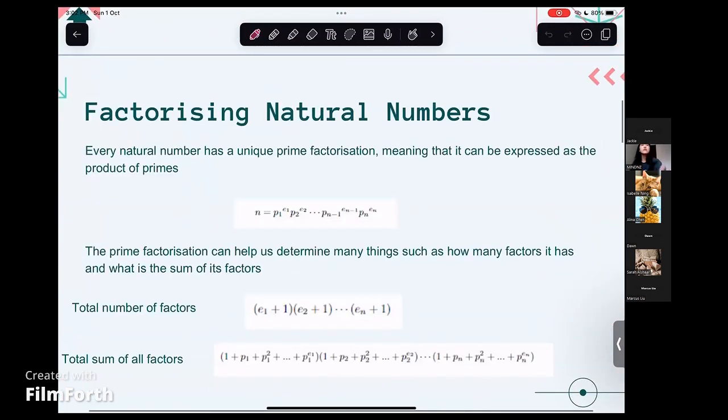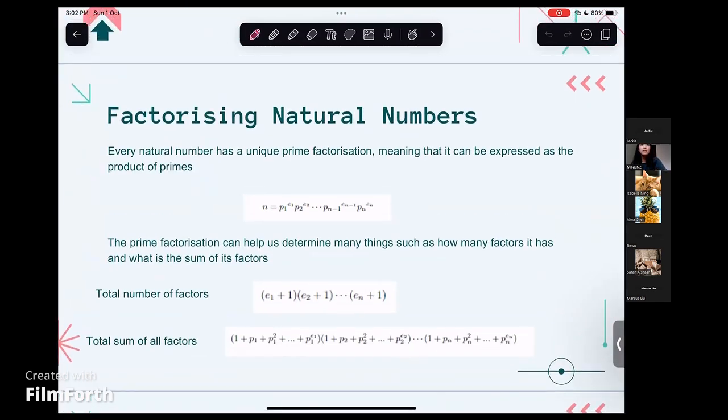So to start off with something that you may be more familiar with, factorizing natural numbers. Last week we did talk briefly about prime factorization of a number. Does everyone remember that? Can anyone remember what's special about the prime factorization of a number?